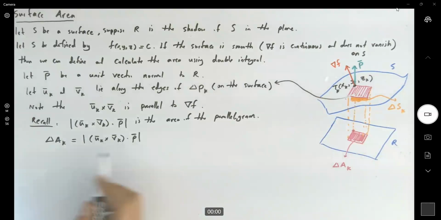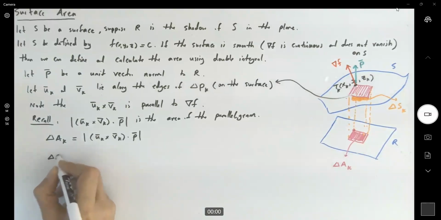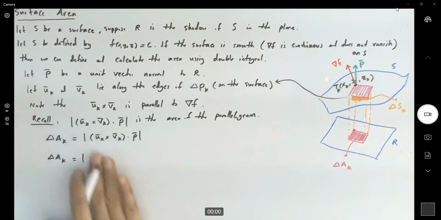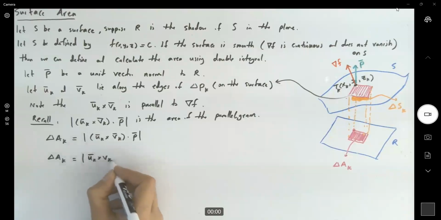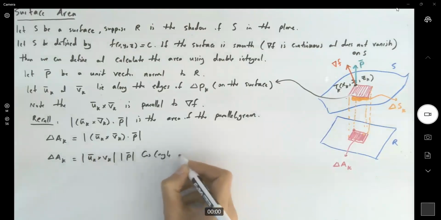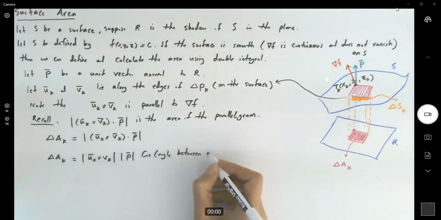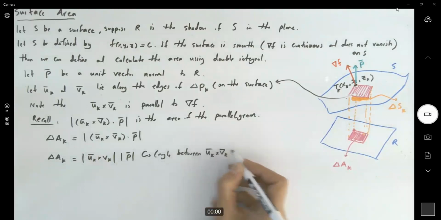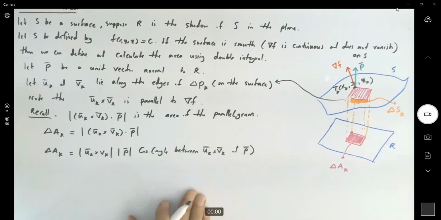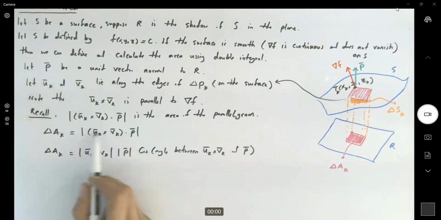If you break this down, you're going to have delta A sub K, which can be written as the magnitude of the cross product between UK and VK, times the magnitude of vector P, times the cosine of the angle between UK cross VK and P. Okay, this is the definition of the magnitude of the cross product dot P. You can replace it with any vector that you like.